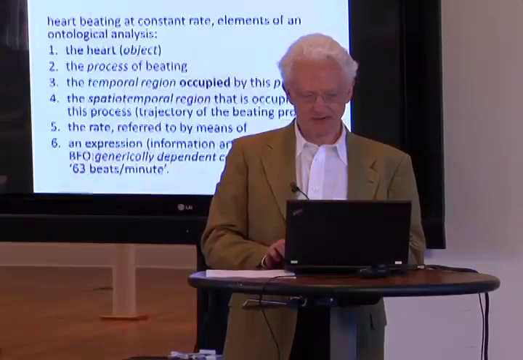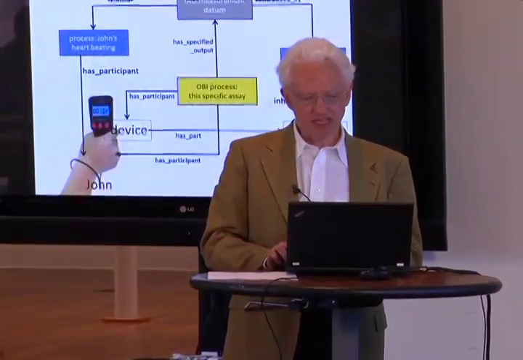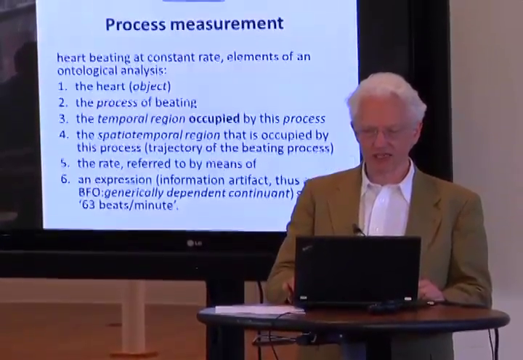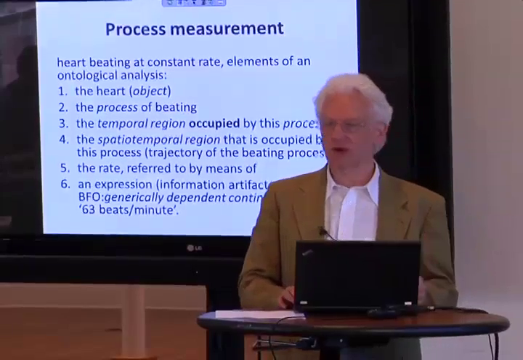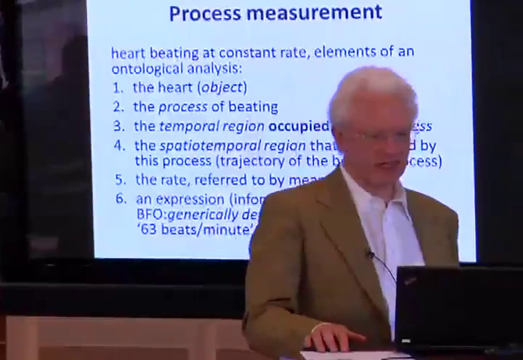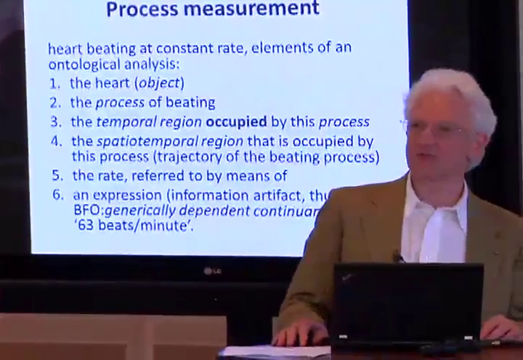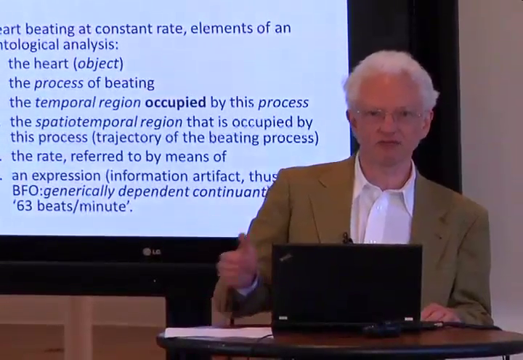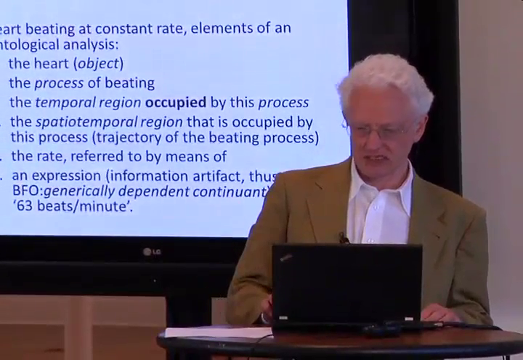All right, now the example I just gave was a case of measuring a quality, but we also have cases where we measure a process, for instance, where we measure heartbeat. And the current work on the revision of BFO is about how we deal with qualities of processes, like the rate at which a heart is beating.